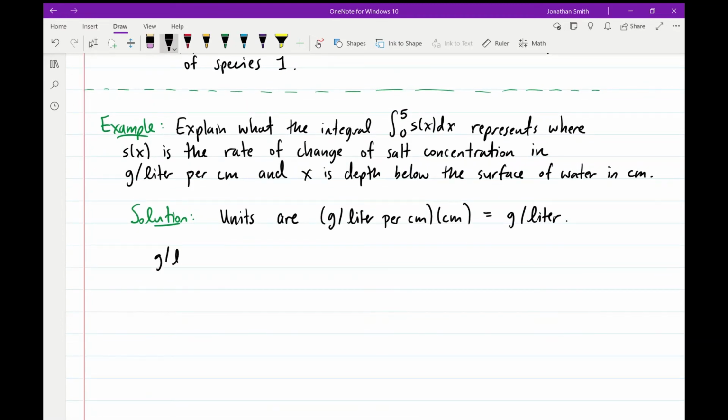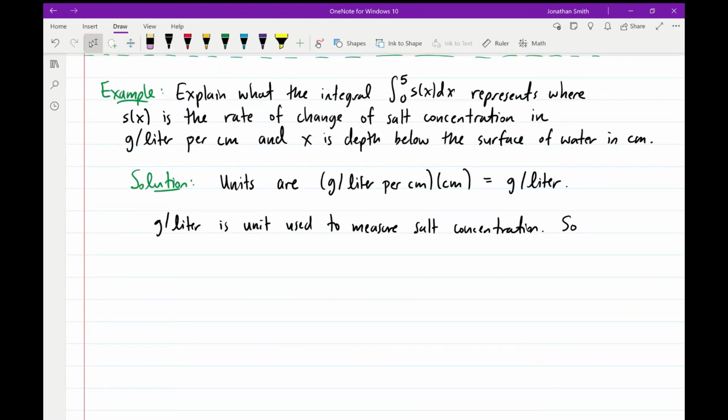So I'll put grams per liter is the unit used to measure the salt concentration. And because s of x is a rate of change function, this integral from 0 to 5 is going to give us the total change in salt concentration from a depth of 0 below the surface to a depth of 5 below the surface.